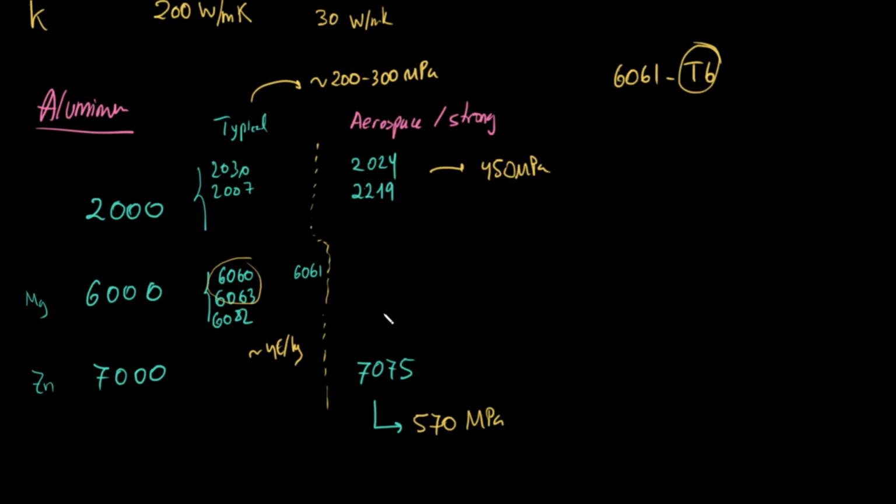So what's the difference between these two? Why would you choose a Series 2000 over a 7075? Well, they're pretty similar, but these guys are slightly more heat resistant, just slightly. Better properties at high temperature, slightly.